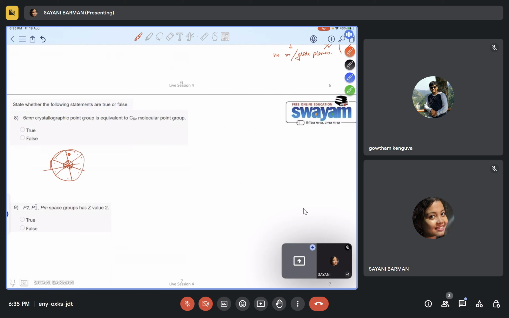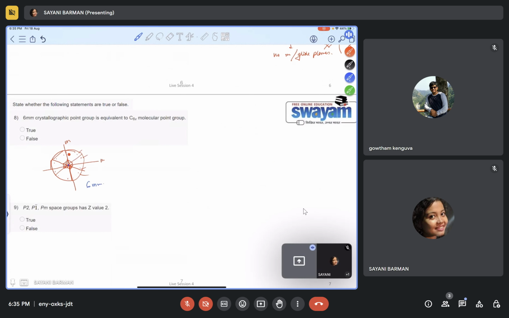And also, if we generate a mirror plane, we can generate a mirror plane like this. It will be the same. This and this are the same. So mirror planes are getting generated. Like this is m, and this is a sixfold axis. The sixfold axis is perpendicular to the plane where we are drawing. So this is 6mm.